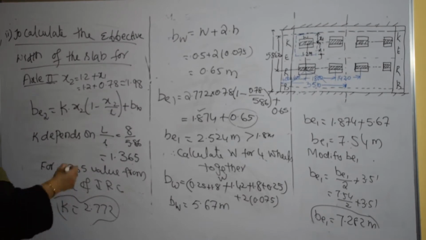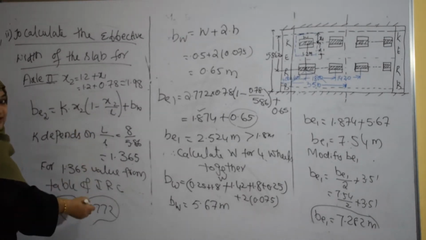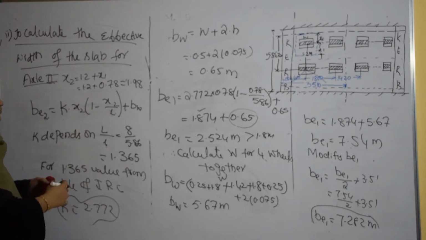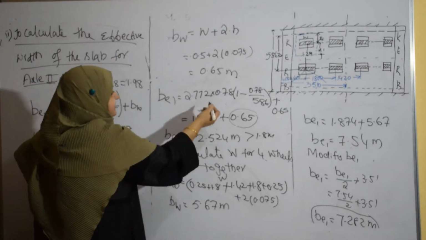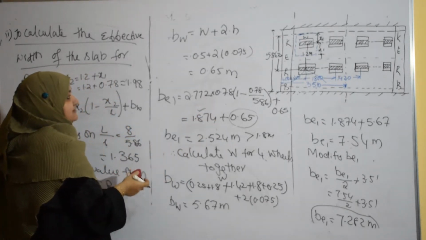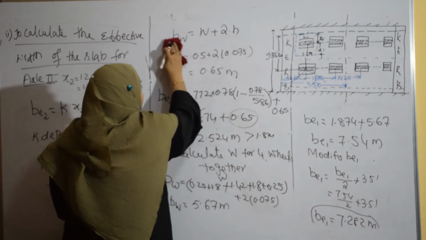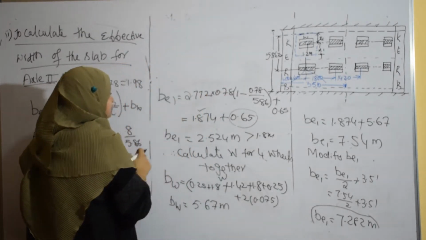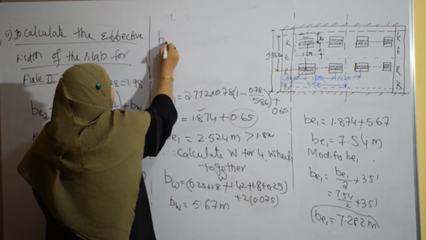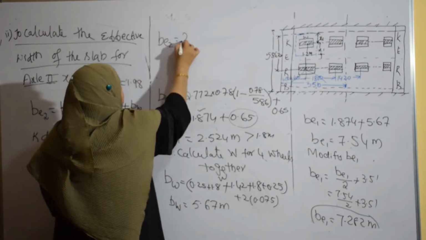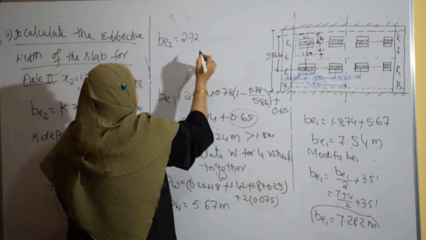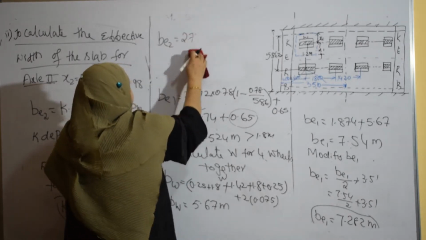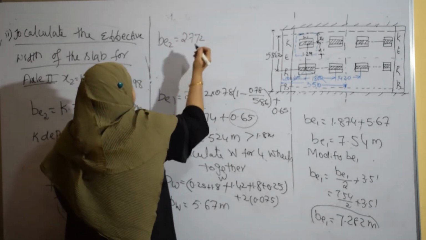Okay. So now all this remains the same. We need not calculate it again. We need not check this also. So directly we can just place x2 in place of x1. This is also not required because we already know that it is exceeding. So BE2 is equal to 2.772 into x2.